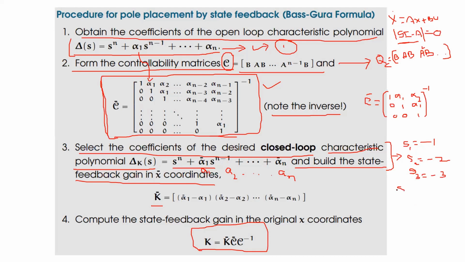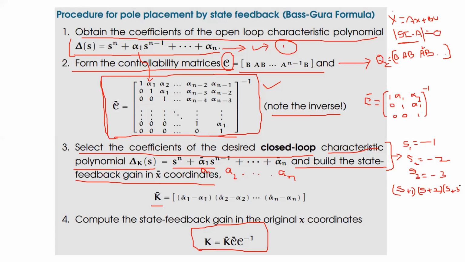I can write the first one as s plus 1. What is the second one? The second factor, that is s equal to minus 2, therefore I can write s plus 2. What is the third one? s is equal to minus 3, therefore I can write s plus 3.